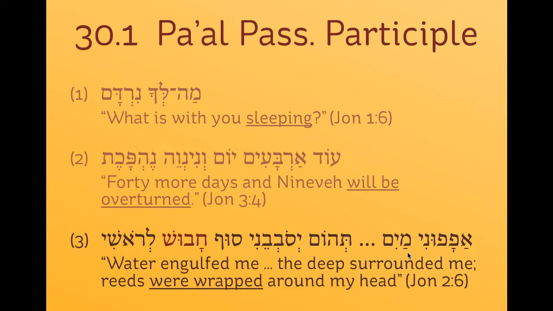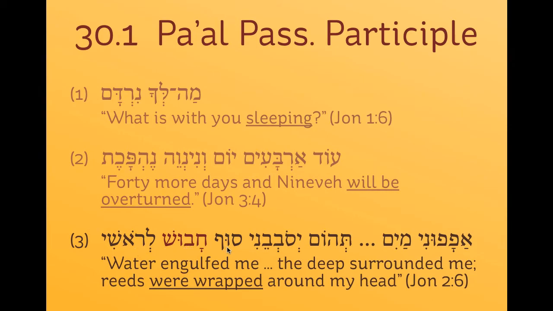So he says, water engulfed me. So this is a Qatal form describing what happened in the past. Water engulfed me. The deep was surrounding me. Reeds were wrapped to my head.